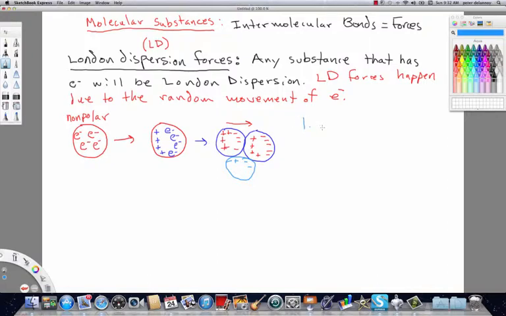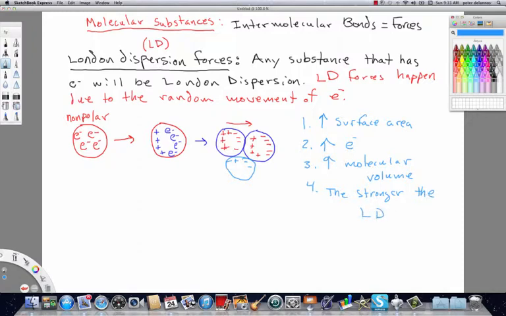The greater the surface area, the more electrons you're dealing with, the greater the molecular volume, the stronger the force, the stronger the LD. Okay? Now, let me give you a couple of examples.